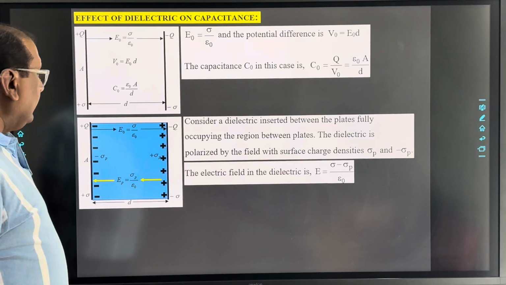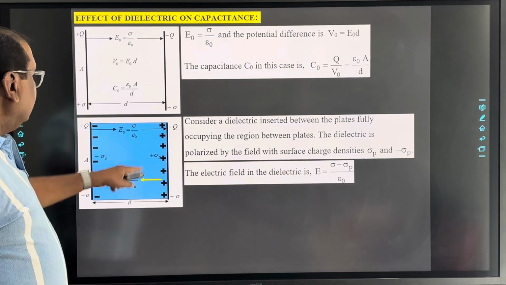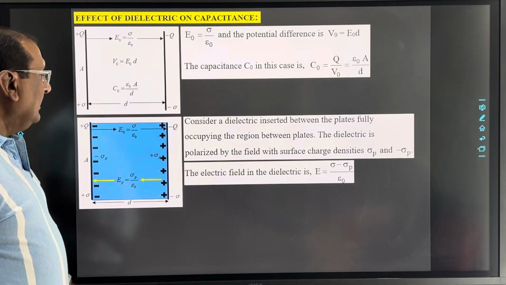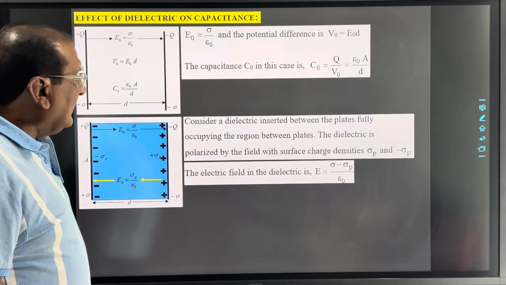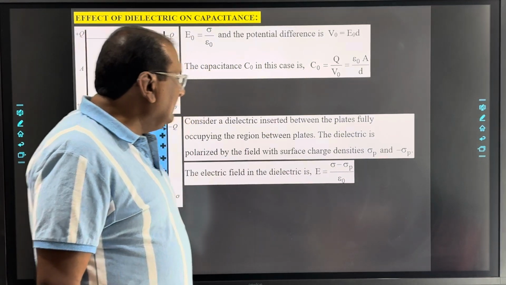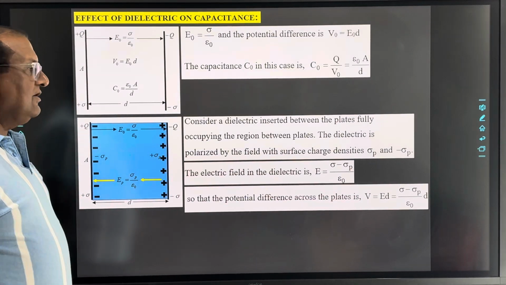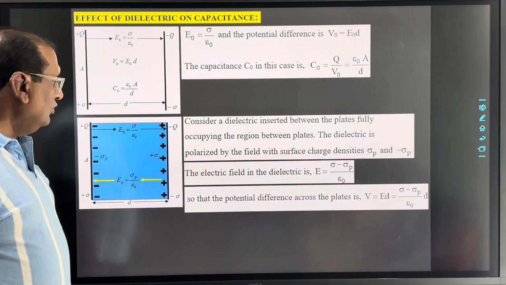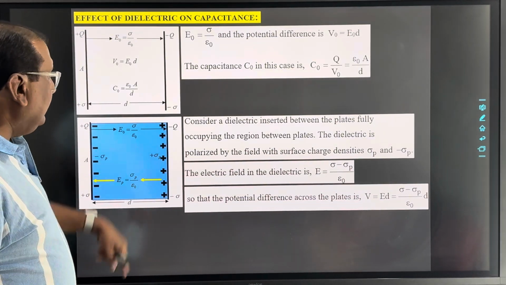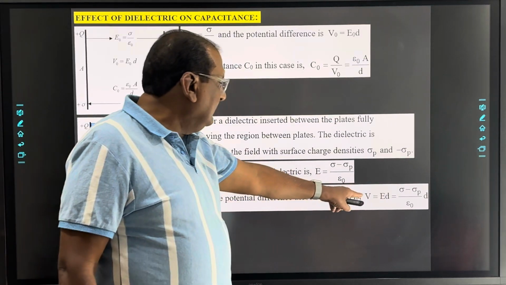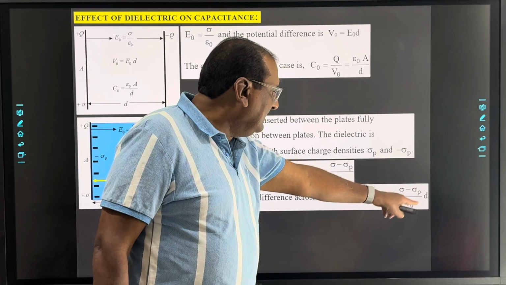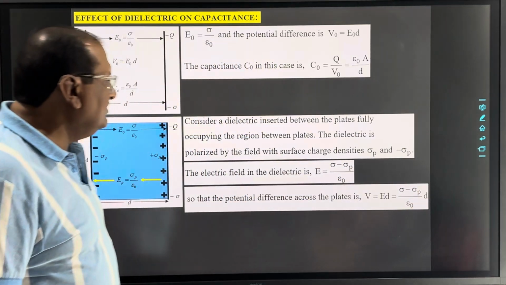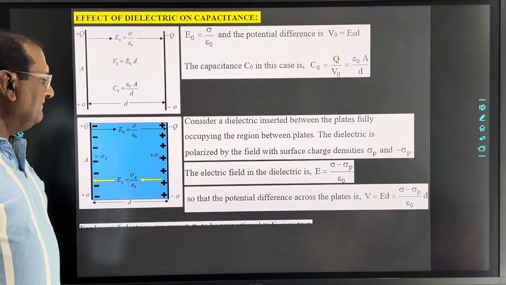Now easily you can understand this. This sigma p is directly proportional to sigma. So sigma minus sigma p is also proportional to sigma. Here the potential difference V is E into D, so that is sigma minus sigma p upon epsilon 0 into D.